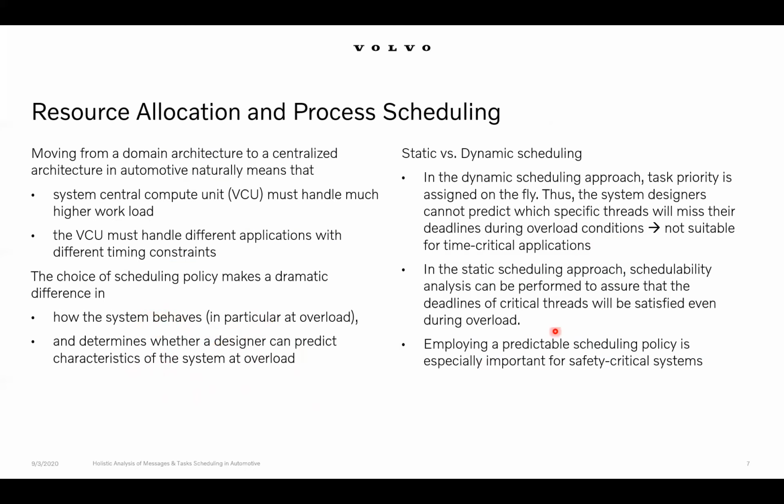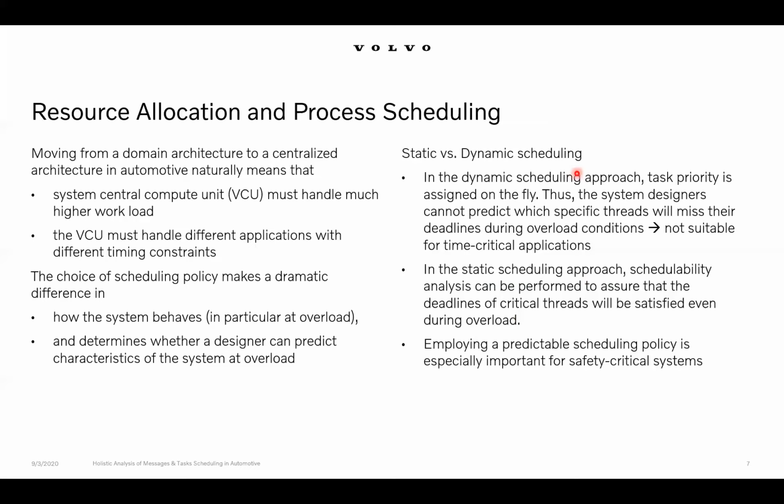Talking about scheduling, traditionally in real-time operating systems or real-time systems, we have dynamic scheduling and static scheduling. In this case, I'm talking about dynamic priority and static priority. Traditionally in automotive, we only use static priority. In the static scheduling approach, because most of the application requirements are known in advance, we can do the schedulability analysis, meaning that we can bring a feasible system at the design stage.